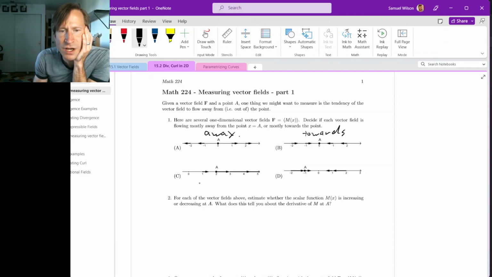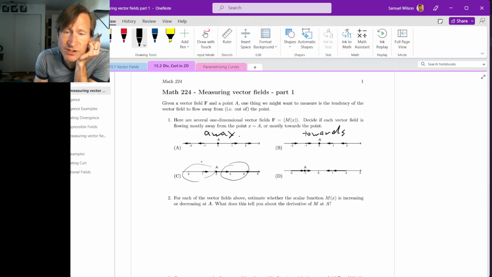Okay, and for C, well, for C it's a little less obvious, but if you imagine that these vectors are telling us how some fluid is flowing across the line, well, it looks like to the right of the point A, fluid is flowing away very quickly, but to the left, fluid is flowing into A only slowly because this vector is shorter, right?